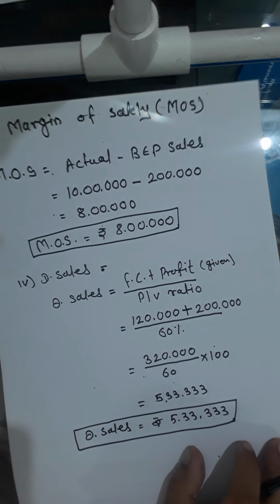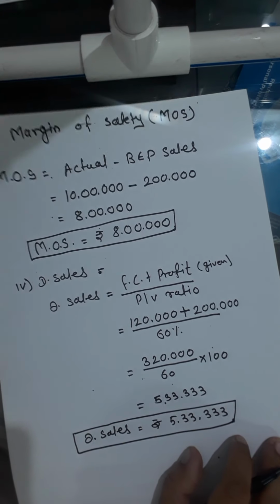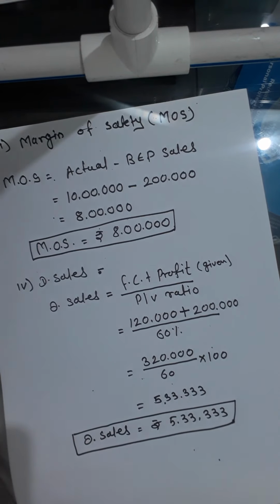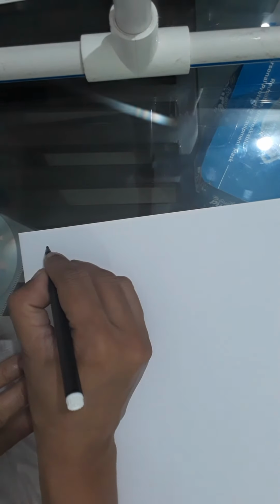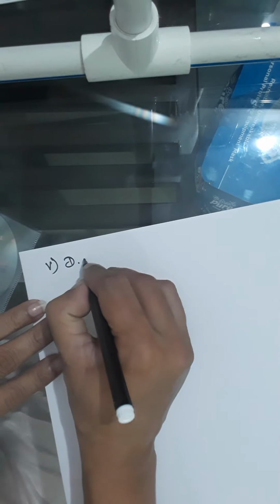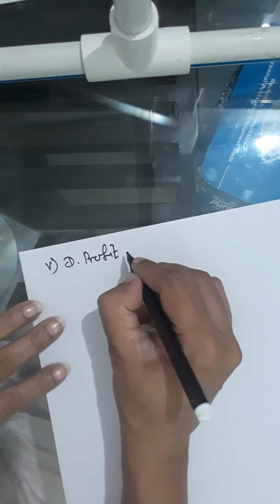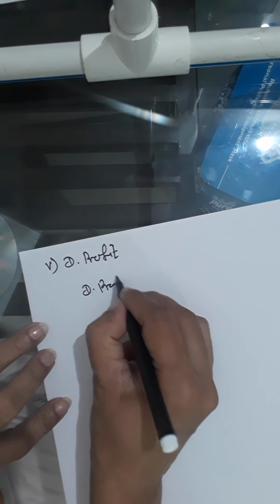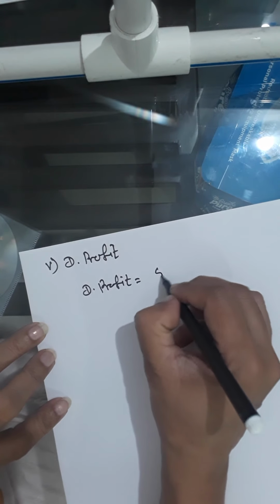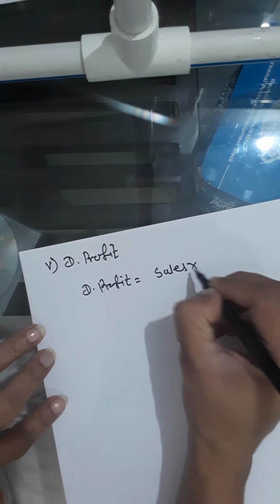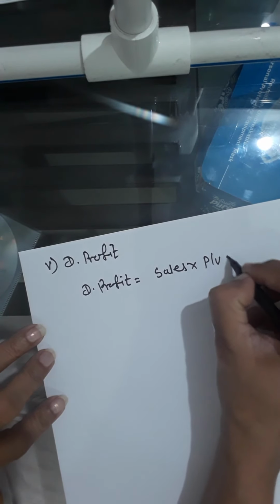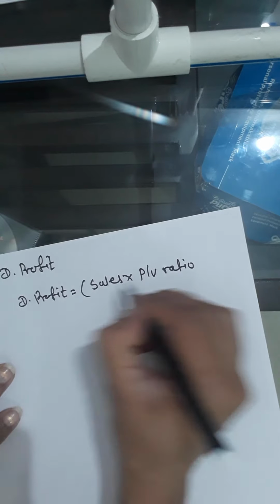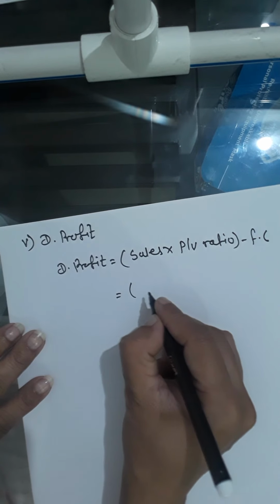Students, now we have to find out our last calculation, and that is desired profit. Fifth one, desired profit. What is the formula for desired profit? Desired profit is equal to sales into PV ratio minus fixed cost. What is the sales amount?